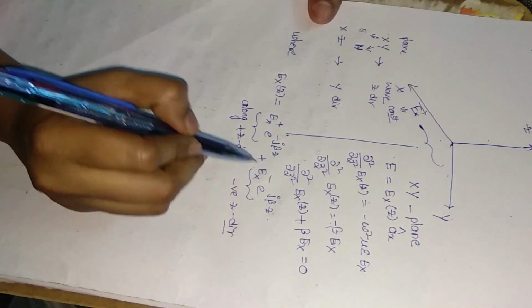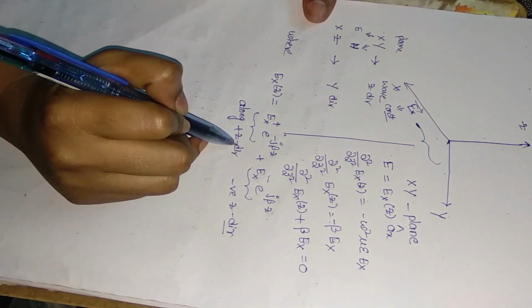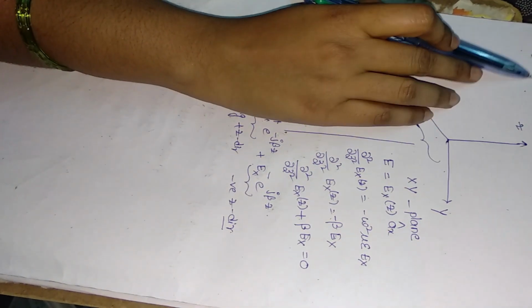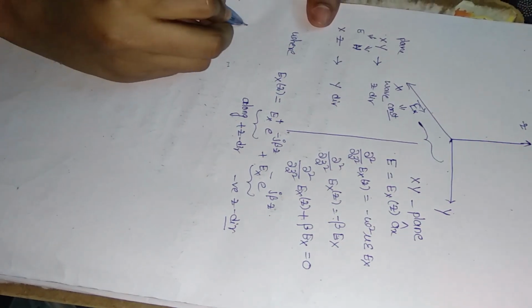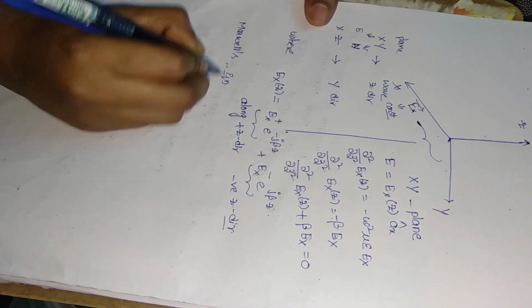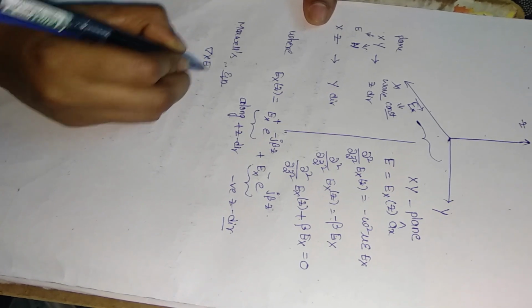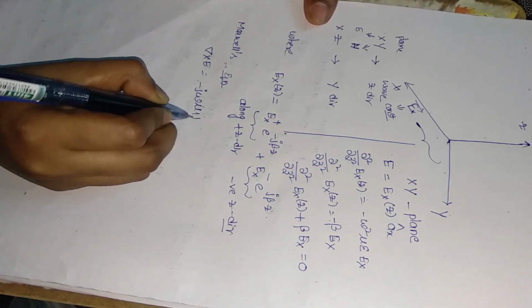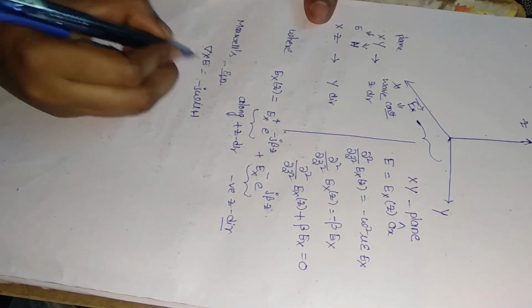Now we'll substitute this equation in Maxwell's equation for deriving the wave equation for the uniform plane wave. So we have Maxwell's equation as del cross E is equal to minus j omega mu into H. Del cross is curl.